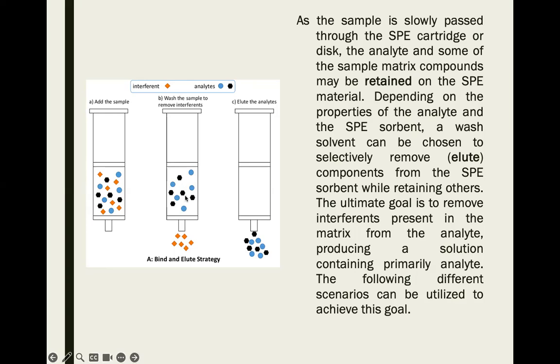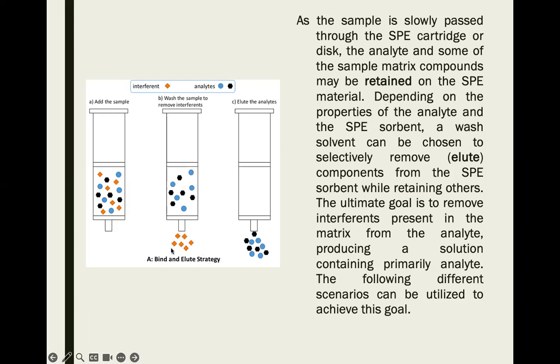We can pass the solvent through the sorbent. The adsorbent has trapped everything here. But when we pass through a certain type of solvent, we can design it so that the analytes are retained in the adsorbent, whereas the interferents, the ones that we do not want in the mixture, we can elute out.